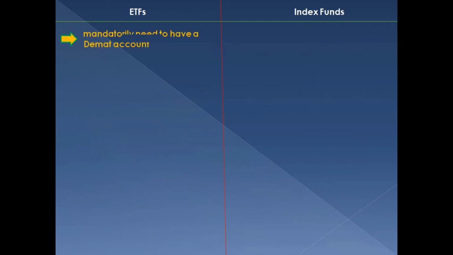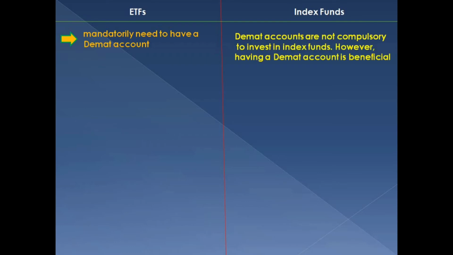Next, for ETFs you need a demat account, because you have to trade them like stocks. For stocks you need a demat account; similarly for ETFs it is mandatory to have a demat account. But for mutual funds it is not compulsory to have a demat account. You can do it offline, but it is beneficial to have a demat account and keep your mutual fund in online mode.